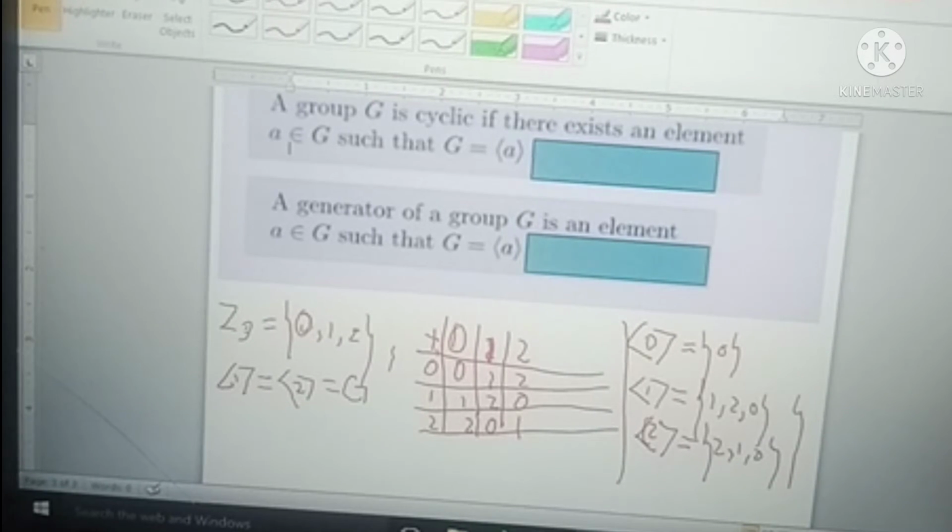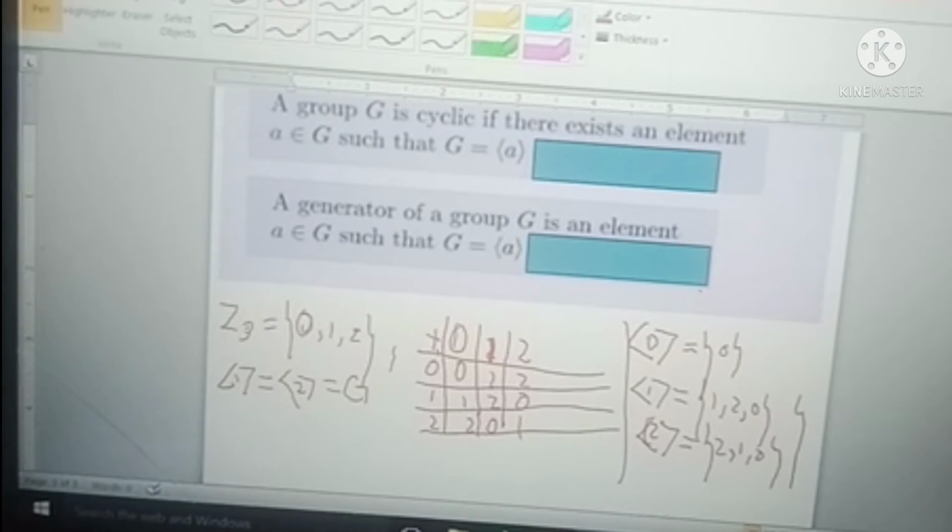Am I clear? Okay, clear. These are the subgroup, these are the generators 1 and 2. The generator and cyclic are related, because if it is cyclic, then it has a generator. So this generator is used in the cyclic topic.